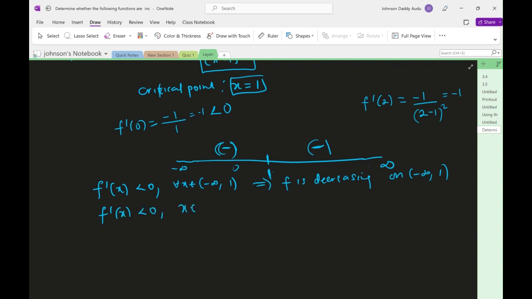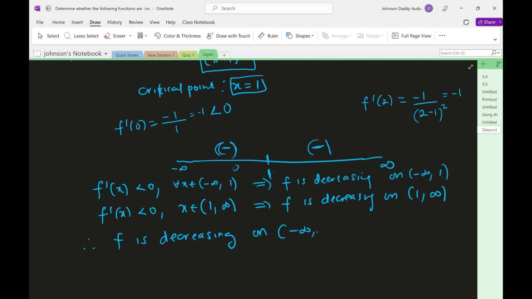So f prime of x is also negative for any x you take from 1 to infinity. This also means that f is decreasing from 1 to infinity. So in both cases we have decreasing. You can combine them and say that f is decreasing on the union of the two intervals.